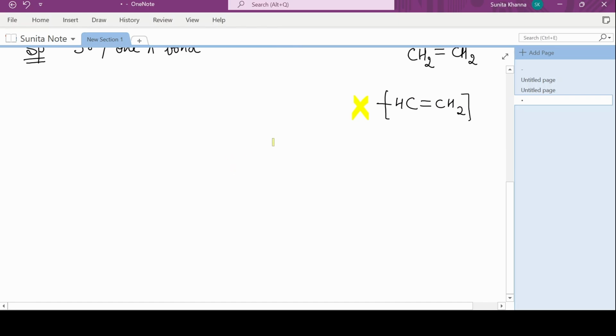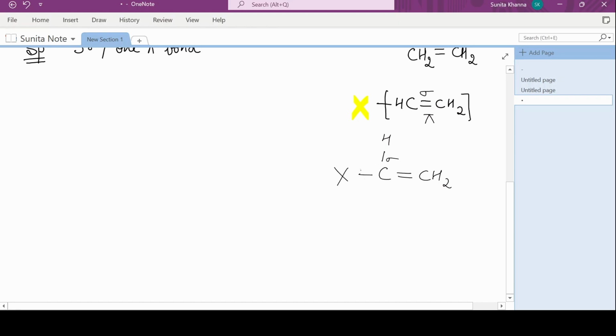Now in this case, let's see what the hybridization is. It is sigma, it is pi. This hydrogen is attached by a sigma bond. So 2 sigma, 1 pi. Let me draw it again. Carbon, double bond, carbon, hydrogen, and here we have the halogen.